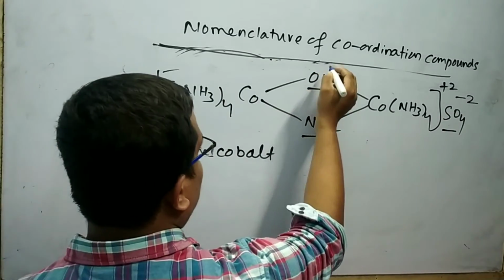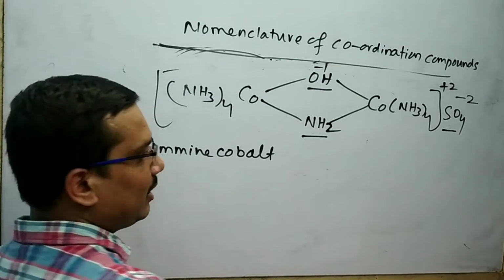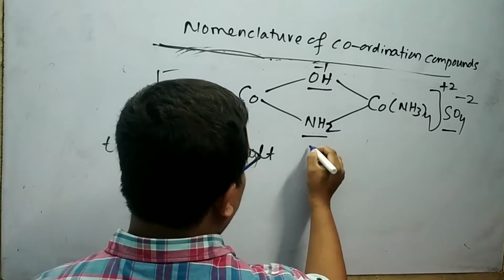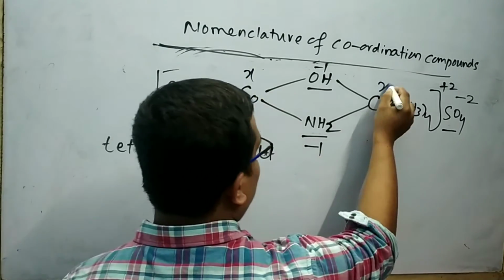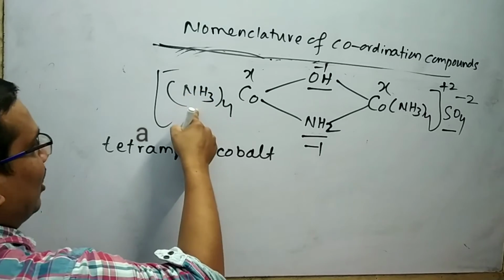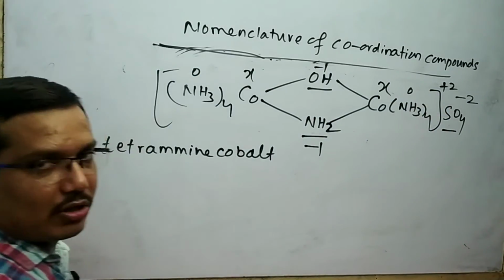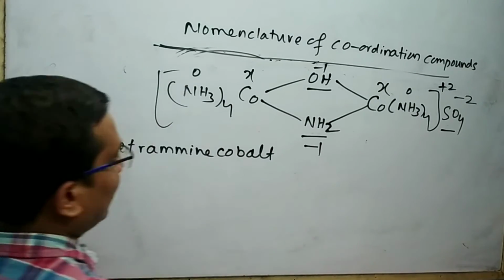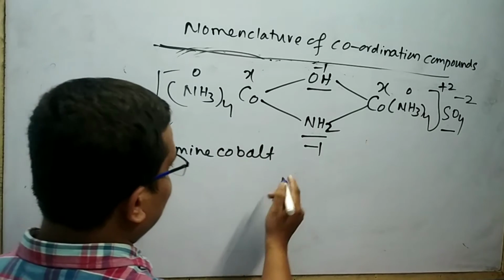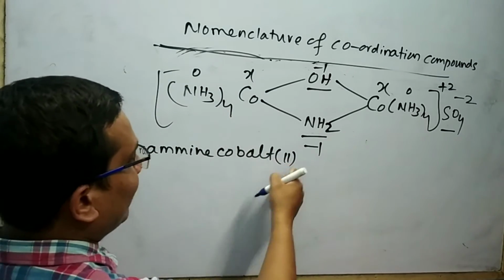OH belongs to negative ligands having -1 oxidation state. Amide also has oxidation state -1. Suppose this is X, this is also X. The oxidation state of NH3 is 0. By calculation, we can find out the oxidation state of cobalt is 2. So here it is bound to write II.